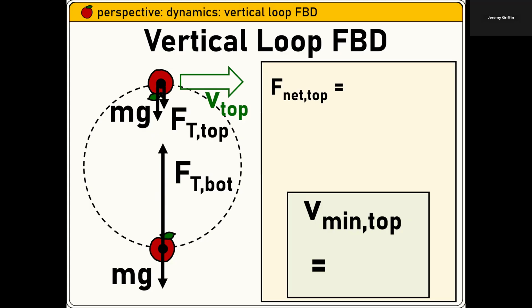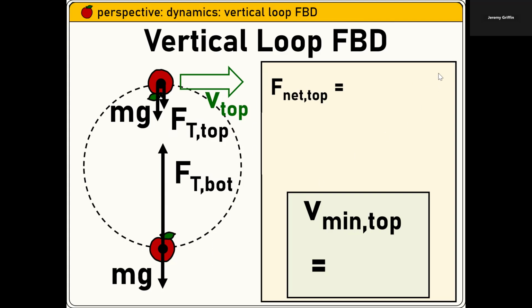It's got to be a lot smaller. In fact, it could approach zero. If it gets to zero, you just barely get around, don't you? In which case the weight would be the only force acting as the centripetal force. The string tension is maximum at the bottom and minimum at the top, changing all the way around.